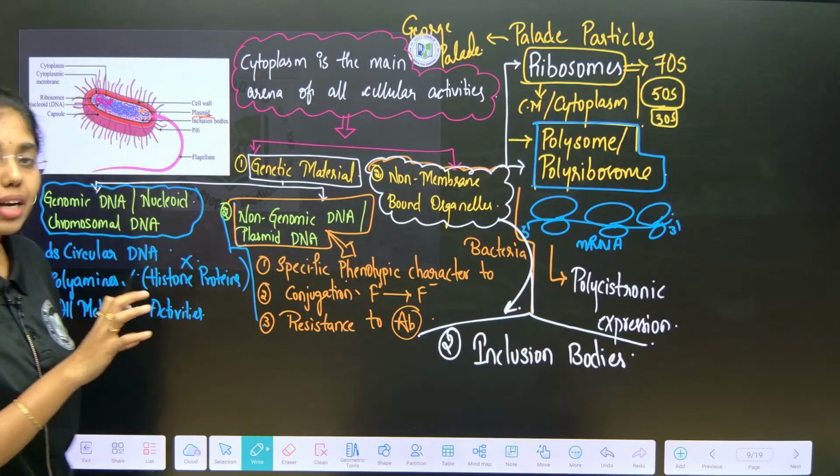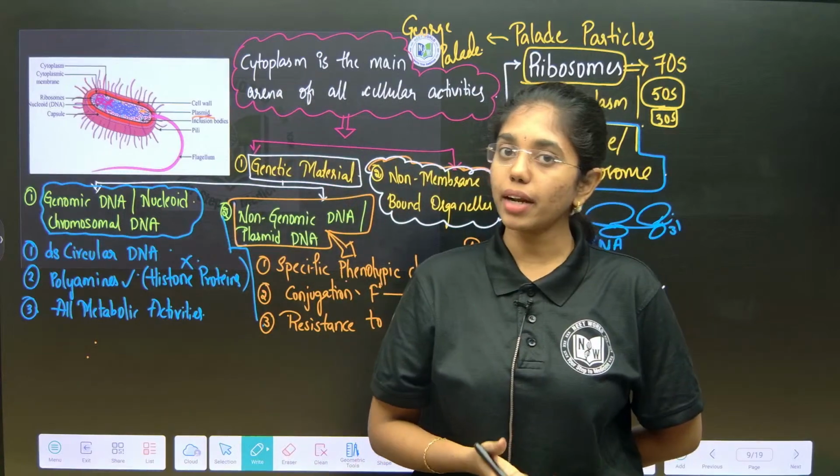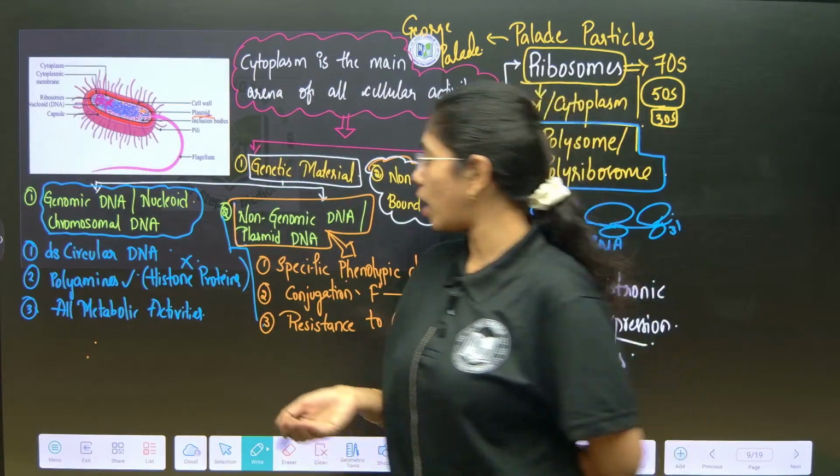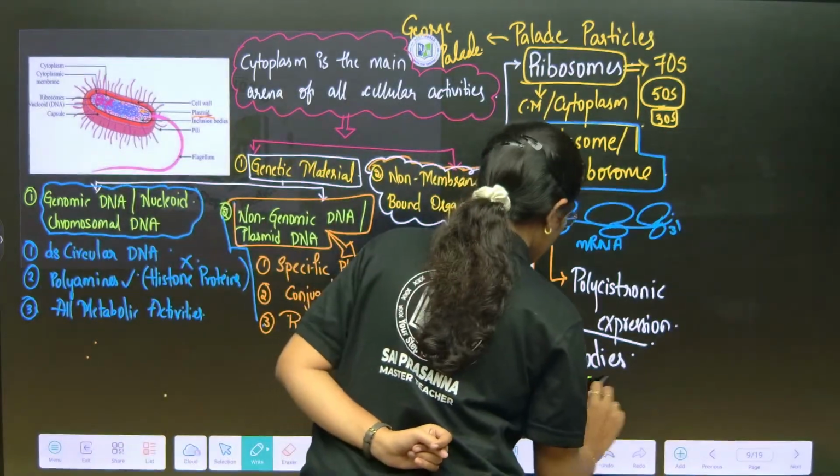These storage bodies don't have any membrane, so you can address them as phosphate granules, cyanophycean granules, or gas vacuoles also. Okay. So, these are storage bodies.